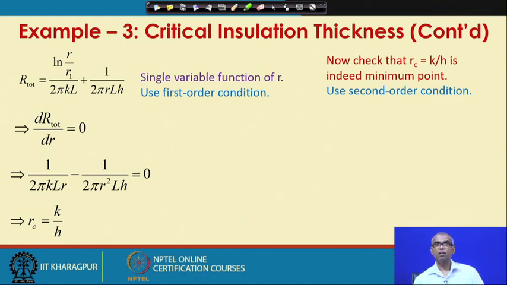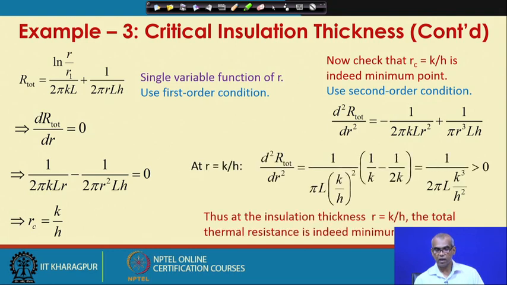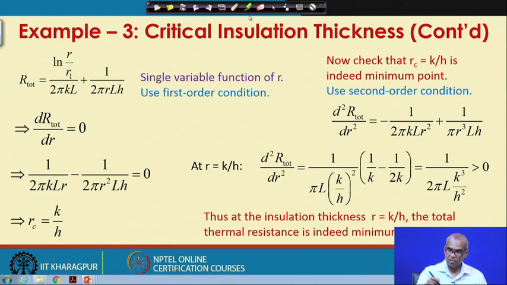So, we must take the help of second order condition. So, take the derivative, second derivative. If you take the second derivative and evaluate it at r equal to k by h, you get the expression as 1 by 2 pi L k cube by h squared.